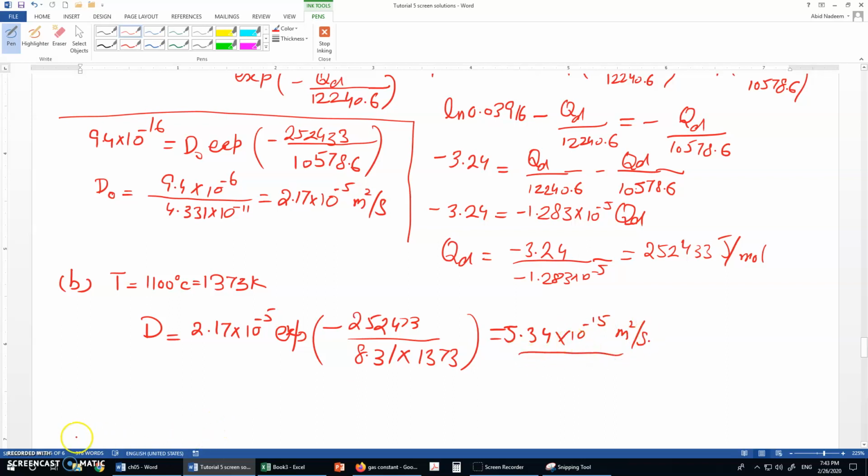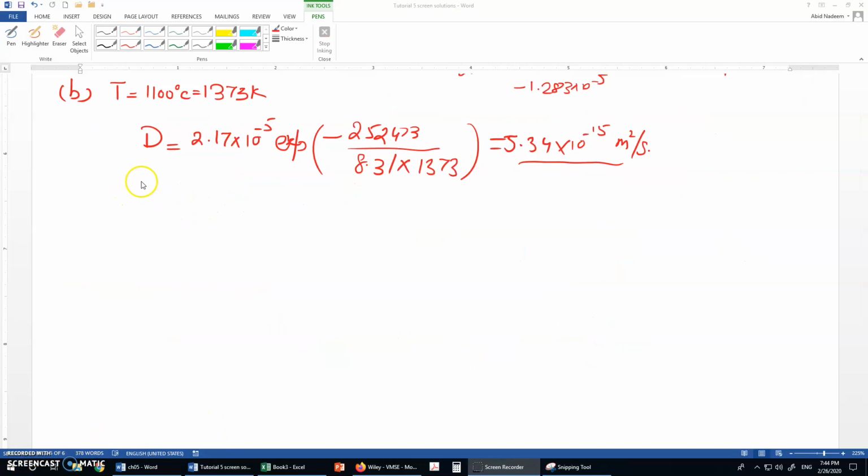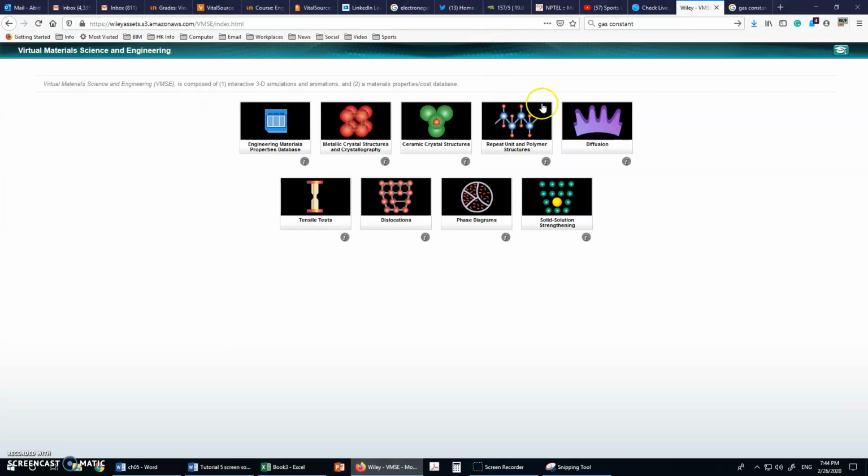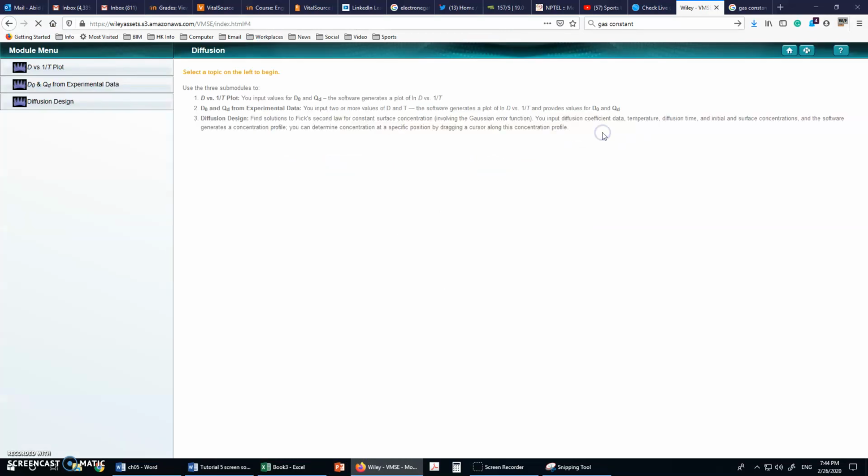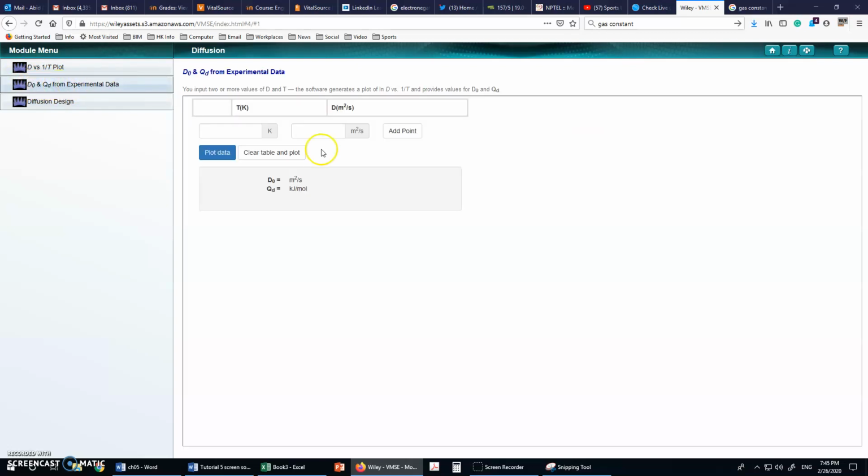We can also solve this question by VMSE, the website from Wiley. So let's move to VMSE. In VMSE you have this diffusion module. In the diffusion module, we can click this D naught and QD from experimental data, and here you can put the values of the temperature.